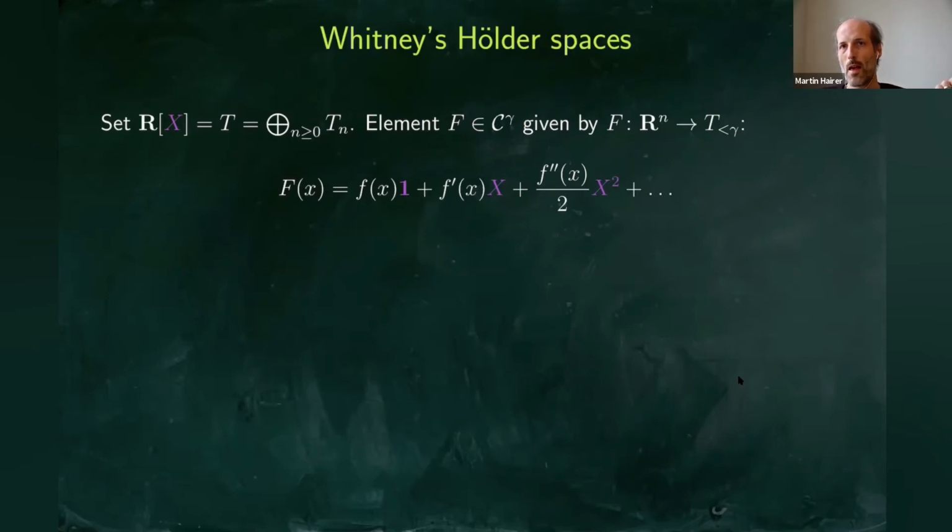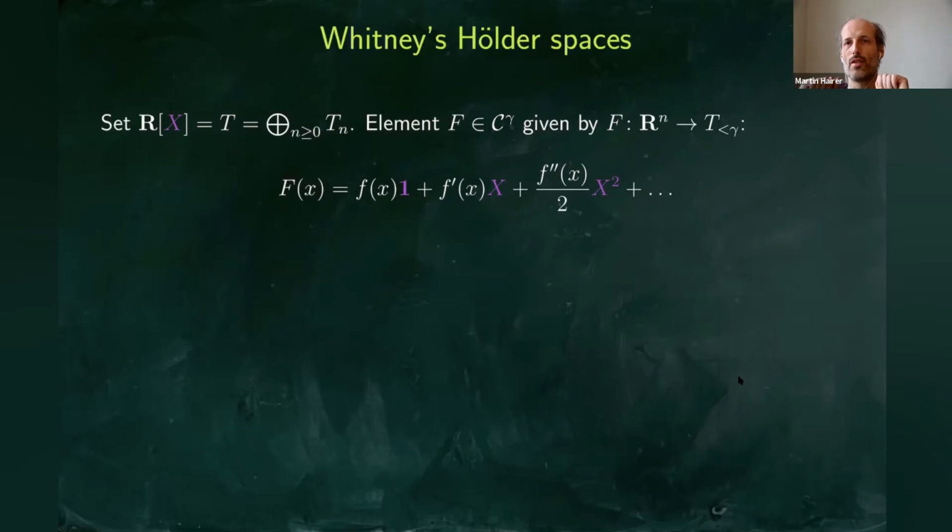In other words, locally you have a value for your function, a value for the derivative and so on, up to the integer part of gamma. And then if you subtract the corresponding Taylor expansion, the remainder is of order x minus y to the power gamma.